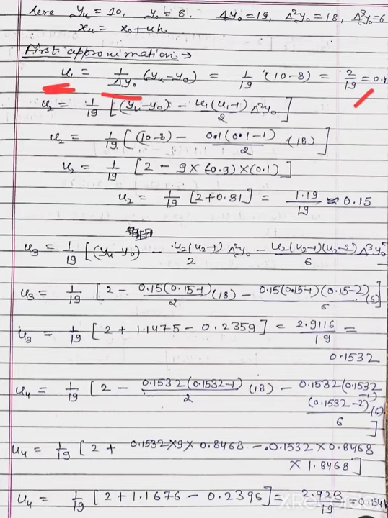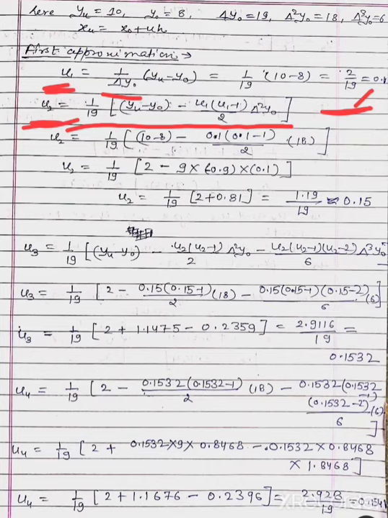We have calculated it up to one place after the decimal, and u1 equals 0.1. Next, we calculate the second approximation, u2, using the formula of the second approximation, in which we put the values and the value of u1.